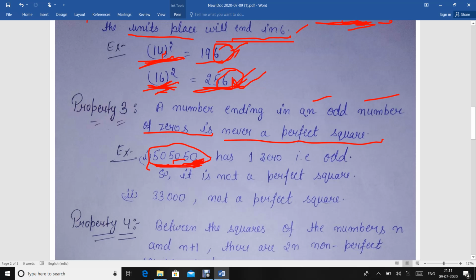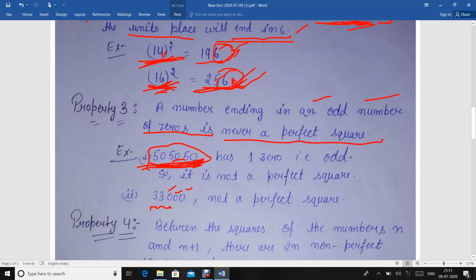If you do the prime factorization of this number, you will find that it is not a perfect square. The next example is 33,000. Now count the number of zeros: 1, 2, 3.